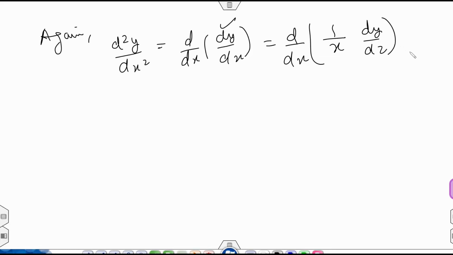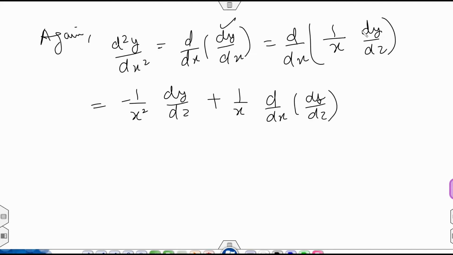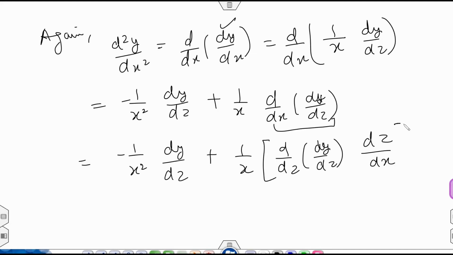So it is equal to minus 1 by x square dy by dz plus 1 by x d by dx of dy by dz. You have differentiated once this first leaving out this, and then you are differentiating this leaving out this. Here we will apply the chain rule to differentiate. This will become plus 1 by x, again applying the chain rule, and you can see what you are getting.